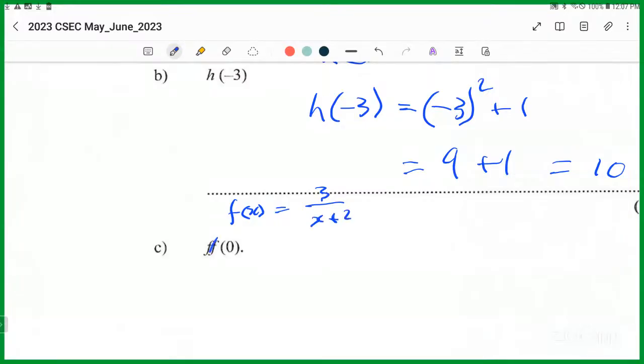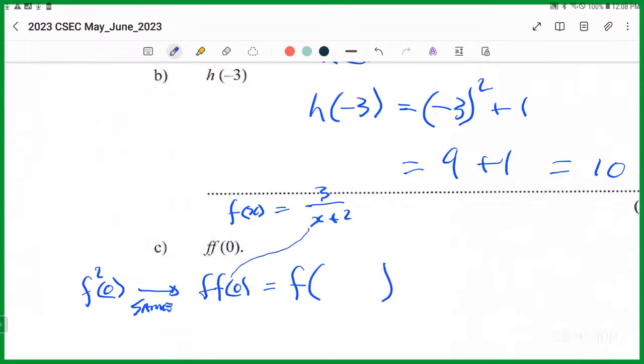So I'm going to find this f of 0 first. So this thing, f of 0, remember it could have been f squared of 0, same thing. This is f squared. So it means that we want to do f of 0 first in the bracket and put in a 0 here.